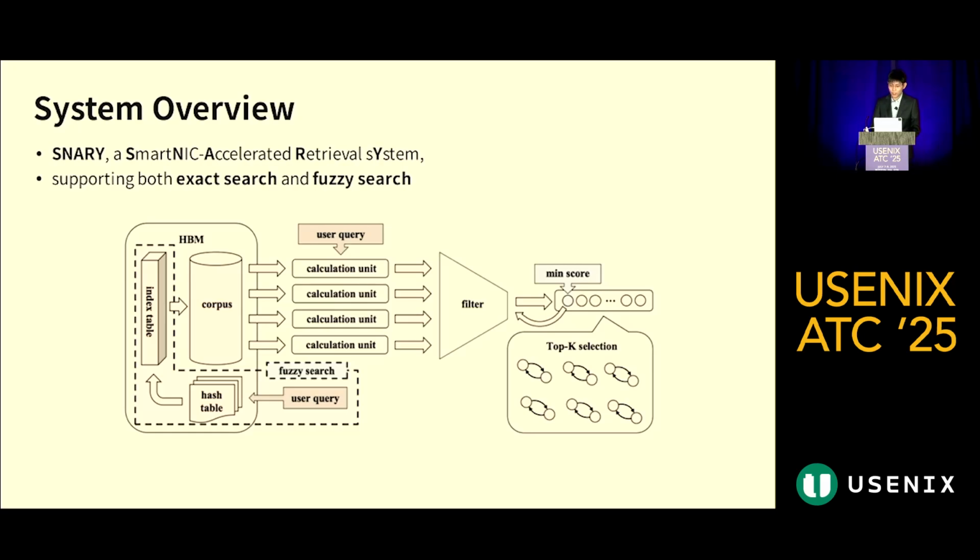We have a custom-designed parallel swap top K algorithm, which has a low latency. And we use locality sensitive hashing for fuzzy search, which reduces the size of the corpus. SNARY is generic, meaning it can work for any EBR task, and it has high performance thanks to the parallelism of the FPGA.